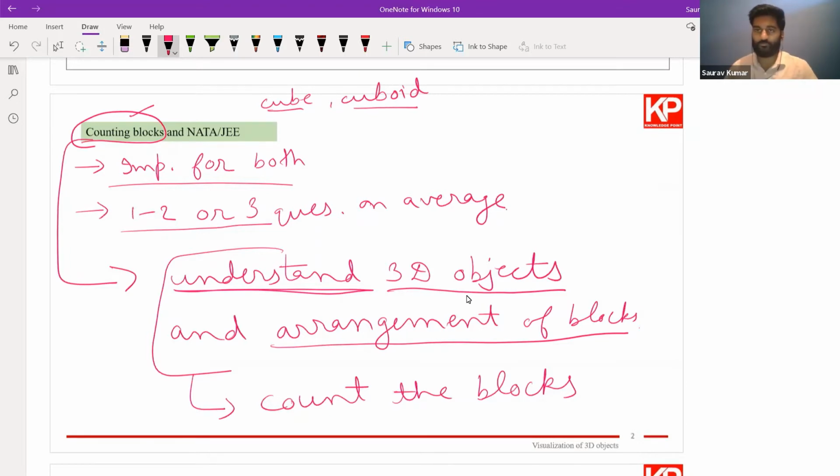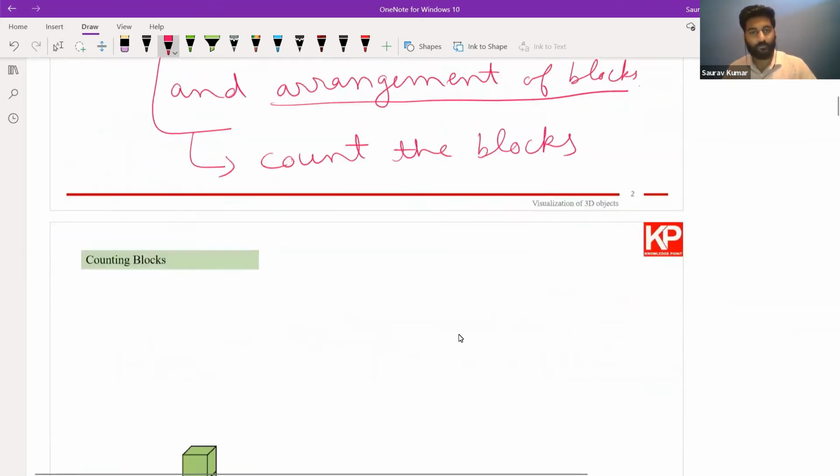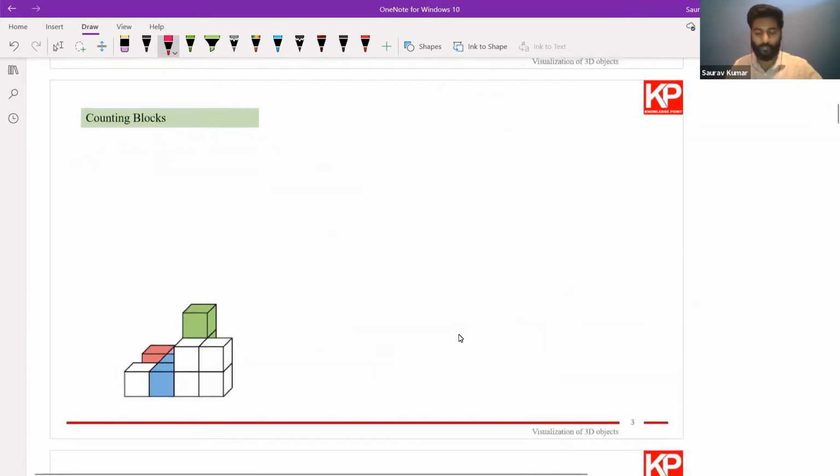In the counting blocks part, you will be given some 3D object. There would be some arrangement of blocks that is making the 3D object, and then you need to count the blocks. If we get into a little more detail, like in the counting surfaces part, there you are counting the surfaces, the edges, the vertices, and the faces. So there were two options.